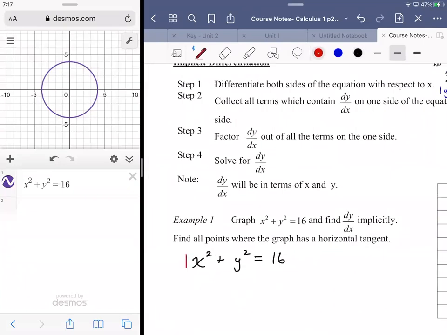That x squared can be thought of as 1x squared. The y squared can be thought of as 1y squared. Each one of these variables can themselves be other functions. So we allow for that by applying the chain rule.